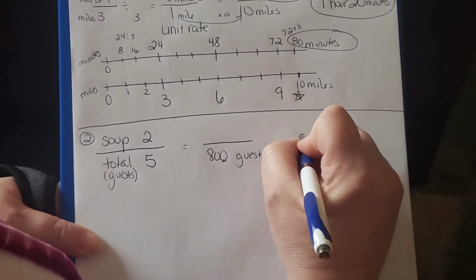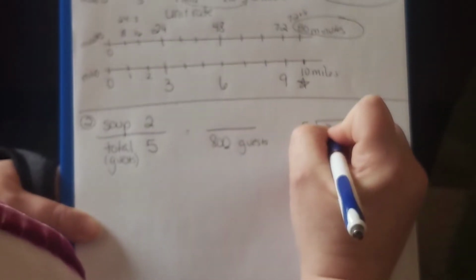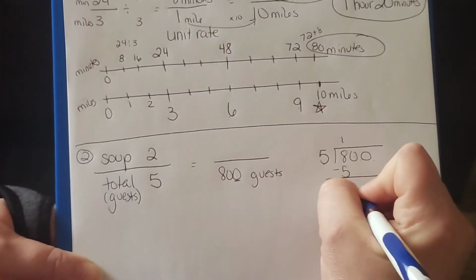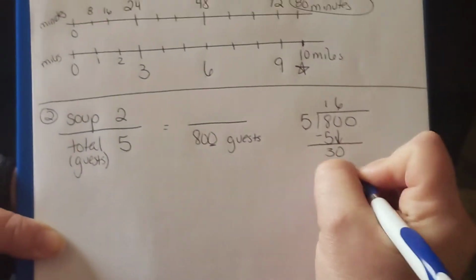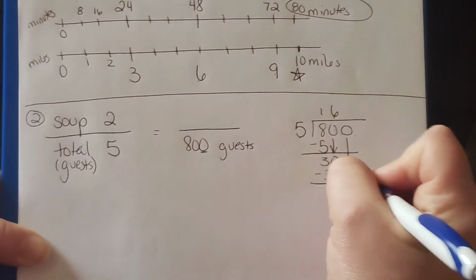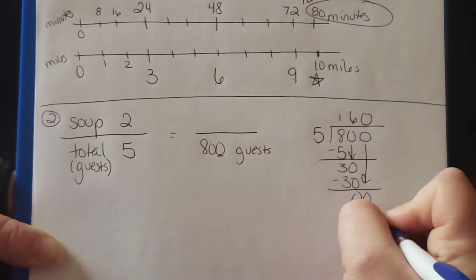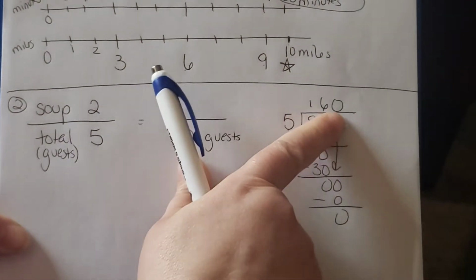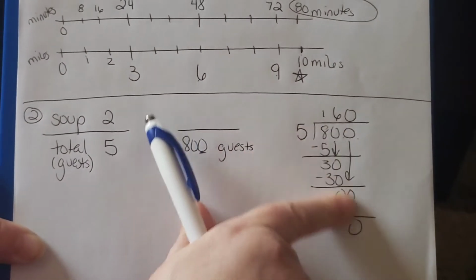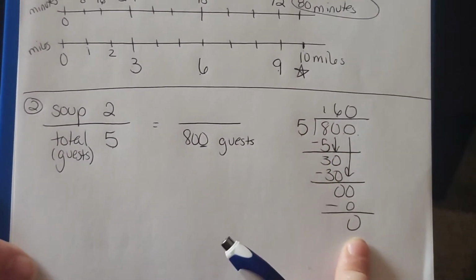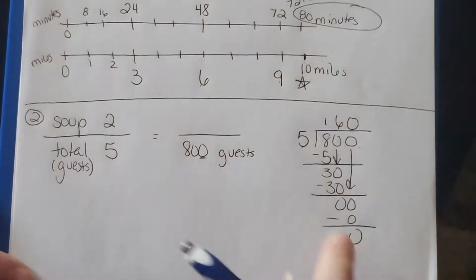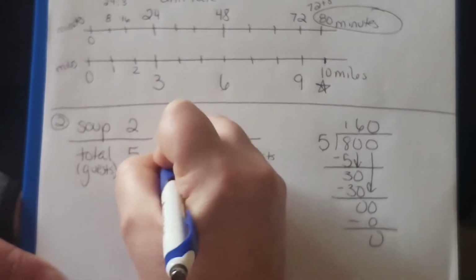So if I went the reverse and did 5 into 800, and don't forget that you still need that last 0. A lot of times when kids are dividing and it can't go into it, they just skip it. But you still need that 0 to hold the place value. So you know you're timesing by 160.